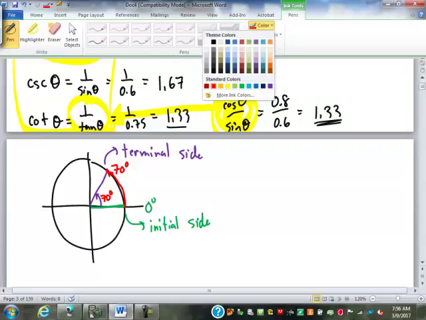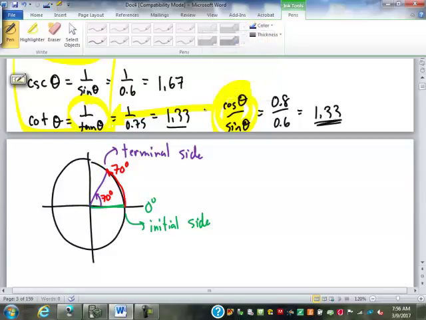But in reality, with that terminal side where that purple line is, we really don't know if it went 70 degrees or if it wrapped around once and came back that far again, or if it wrapped around 2, 3, 4 times. So that concept is what we call coterminal sides.